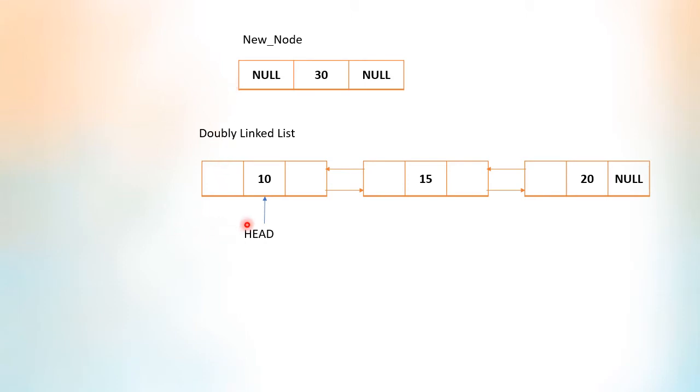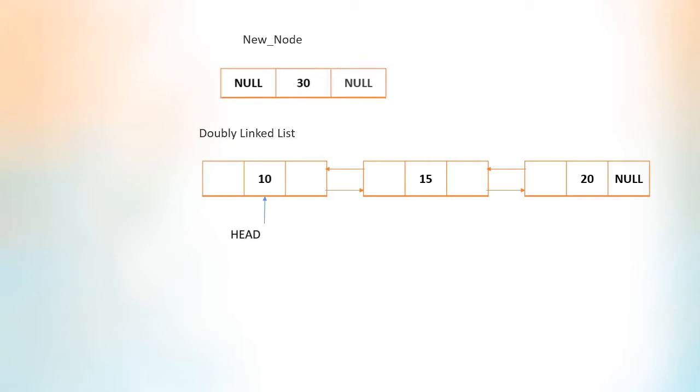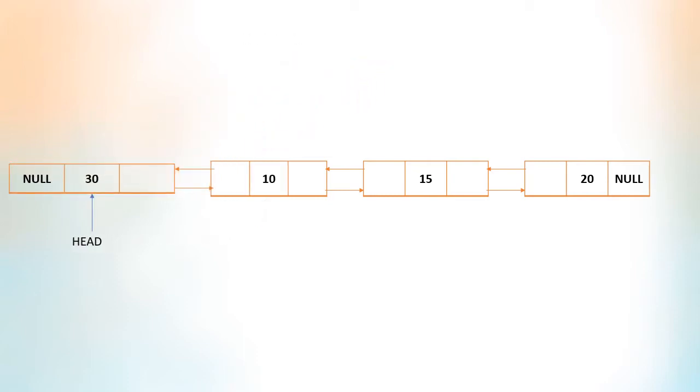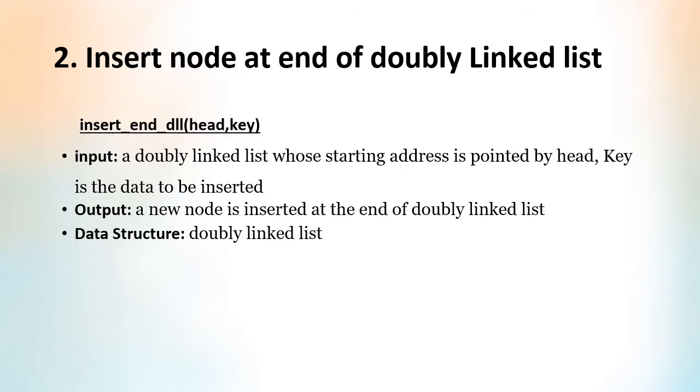And afterwards, we have to assign head is equal to new node. Thus, you can insert a new node to the doubly linked list. So this is how insertion of a new node is done at the beginning of a doubly linked list.